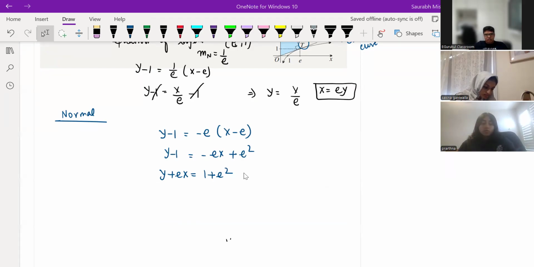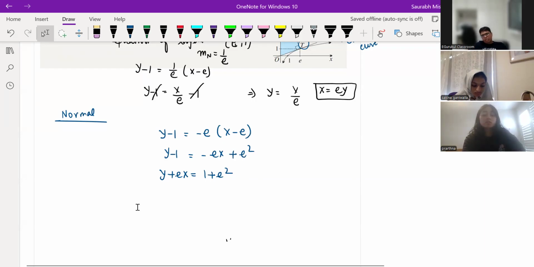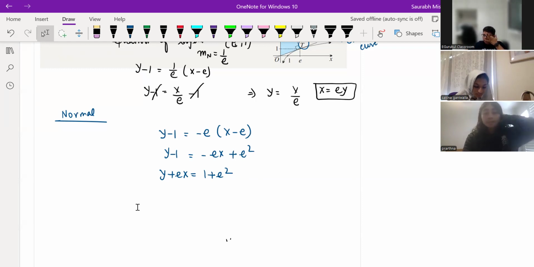Okay. So I think we will finish it here because we did that part. So I have a question. Yes. For this one, do you have to put the plus ex to the other side, or do you just leave it as y plus ex? Doesn't matter. But generally, you have been taught y is equal to mx plus b form. So that is also okay.